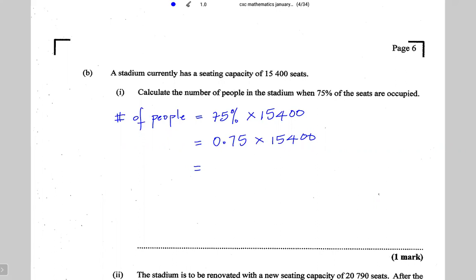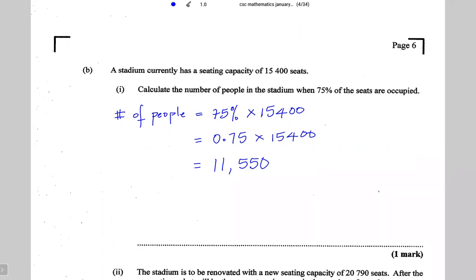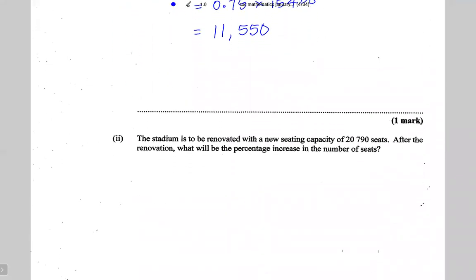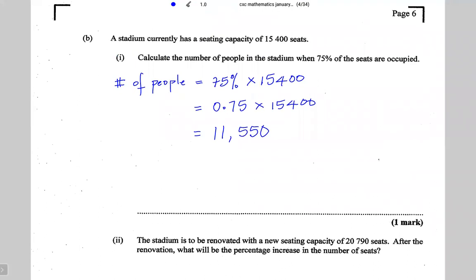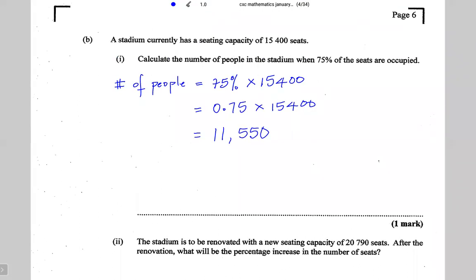So when 75% of the seats in the stadium are filled, the stadium has a total of 11,550 persons in it. All right, and as I said, I could have worked my percentage as a fraction or as a decimal.